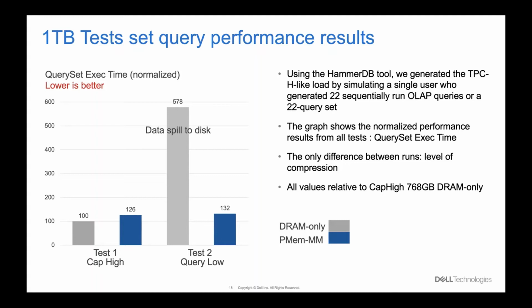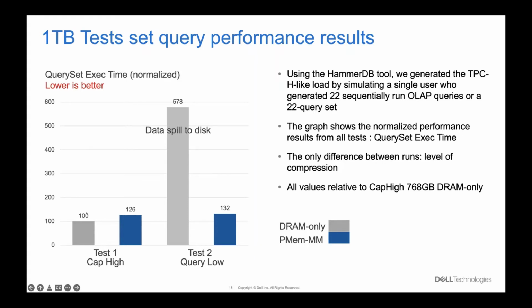And what is important to mention here is that with this capacity high, as I said, we don't have a data spill on disk, and with another level of compression, which is query low, we have a data spill on disk. We will have these marks on all graphs, and the drawings show us the query set execution time, which was normalized to the values of capacity high for DRAM only.